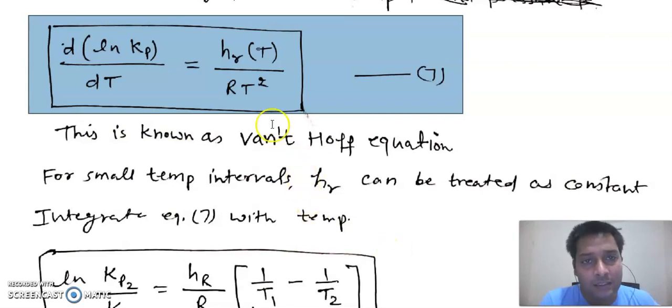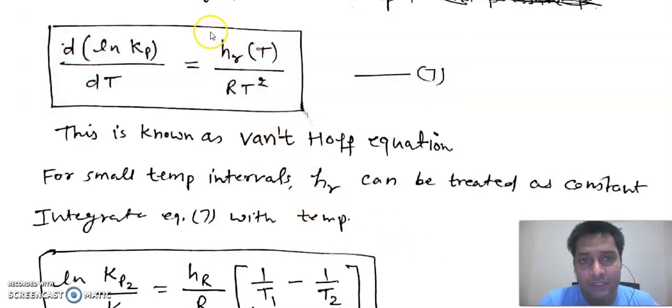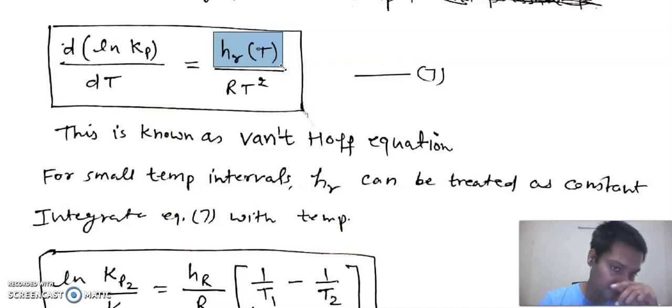Here the enthalpy is a function of temperature, but if the variation of temperature is very small, we can assume the enthalpy is constant. What I am saying is that for a small change in temperature the enthalpy value is almost constant.